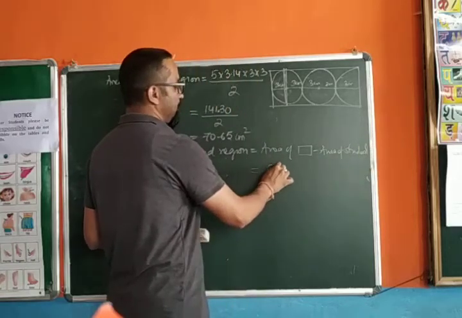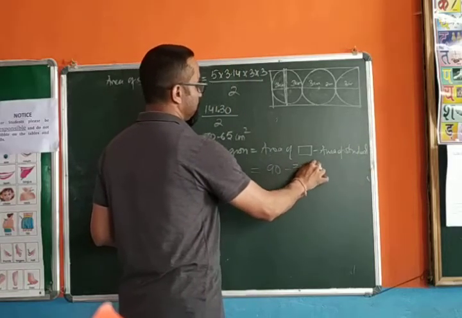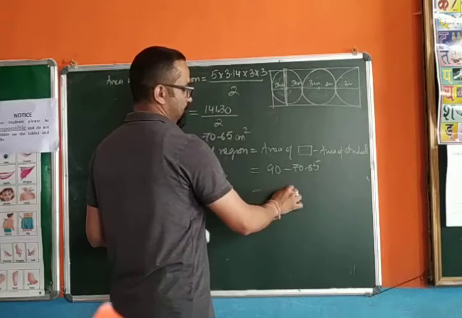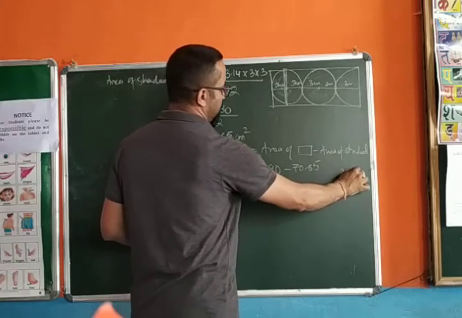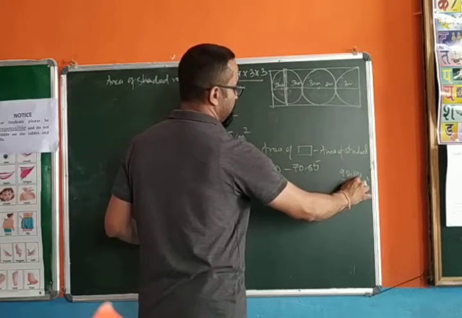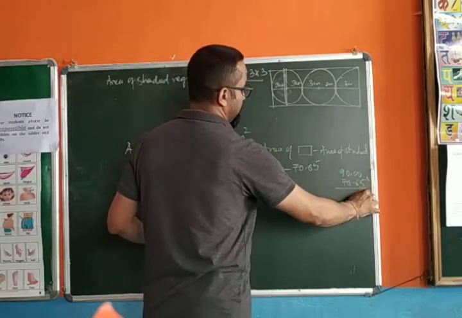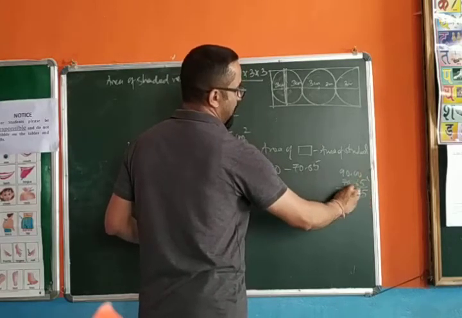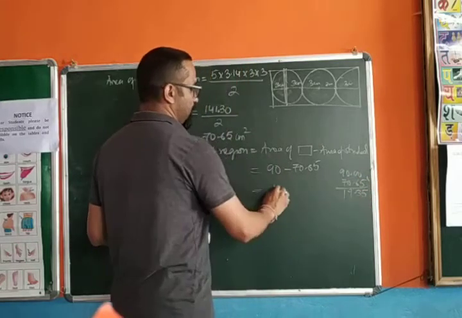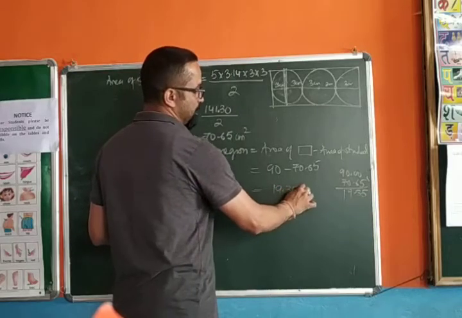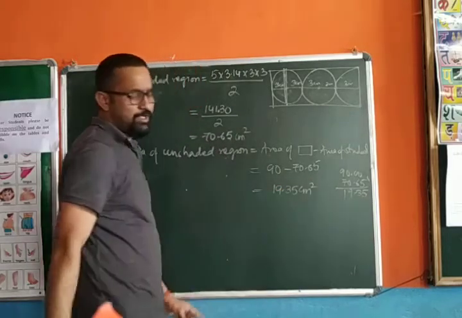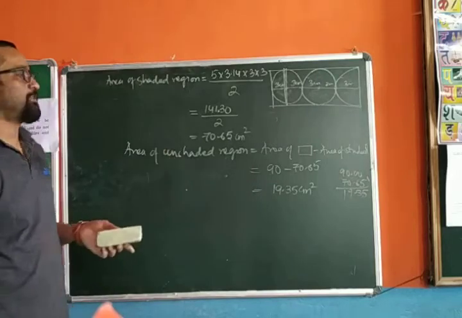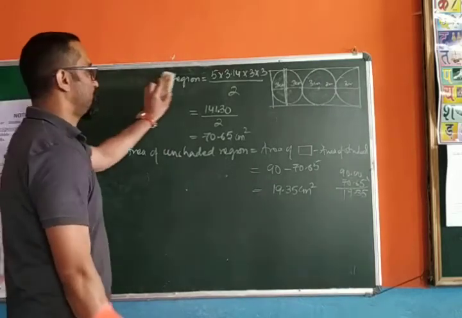Area of rectangle is 90 minus 70.65. Subtract 90.00 and 70.65, you get 19.35 centimeters squared. This is the area of the unshaded region.